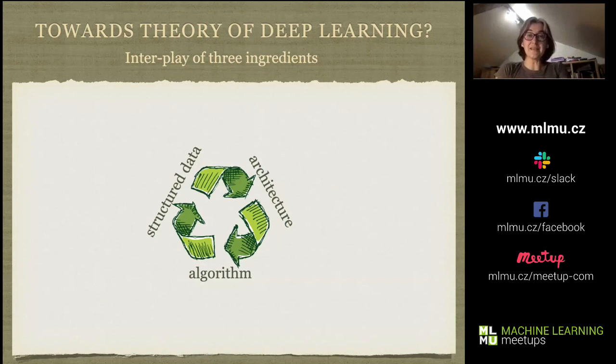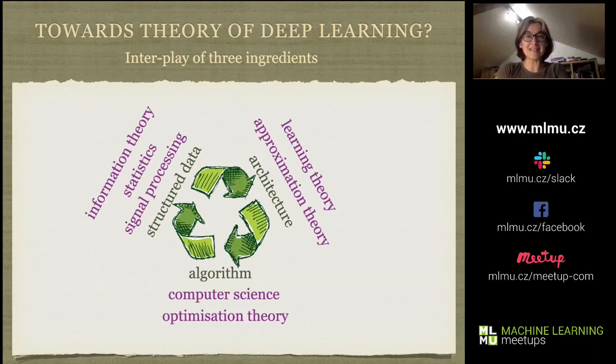So, maybe a bit of a controversial slide, but nevertheless, is this one: the branches of, say, mathematics, computer science, and statistics that study learning each look at the problem from one side. Learning theory and approximation theory would be looking at the function, whether the function is good enough. Optimization theory and a large part of computer science is looking at whether the algorithm is efficient, and dismissing the other two.